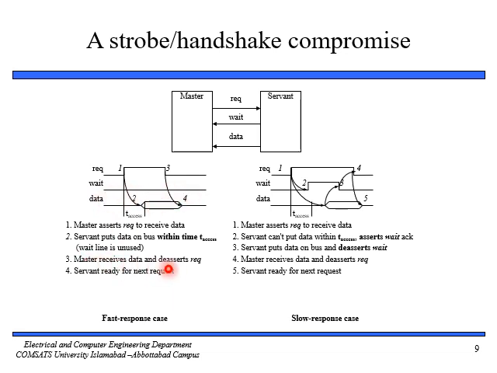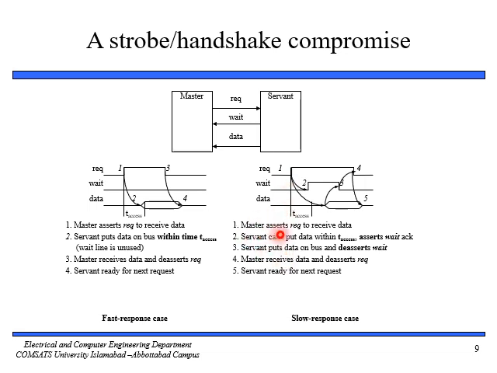Master received data and deasserts request. So now the request signal is going down. After some time at 4 the servant will be ready to serve some other master.